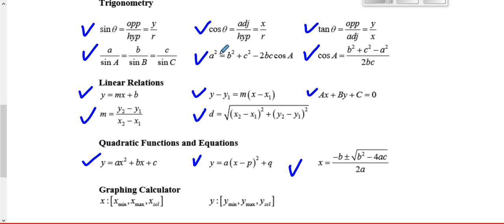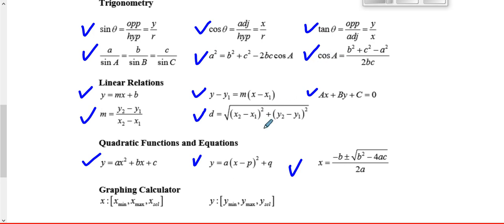There's nothing wrong with it, except that once you plug in small a, small b, small c, then you have to solve for A by doing the inverse cos. So why would you want to put yourself into this situation? I would just use this form. Okay.